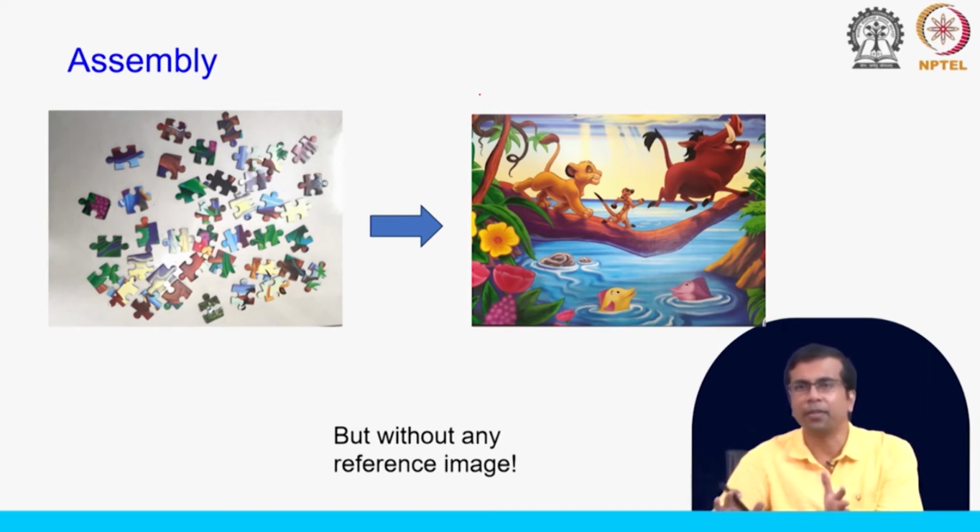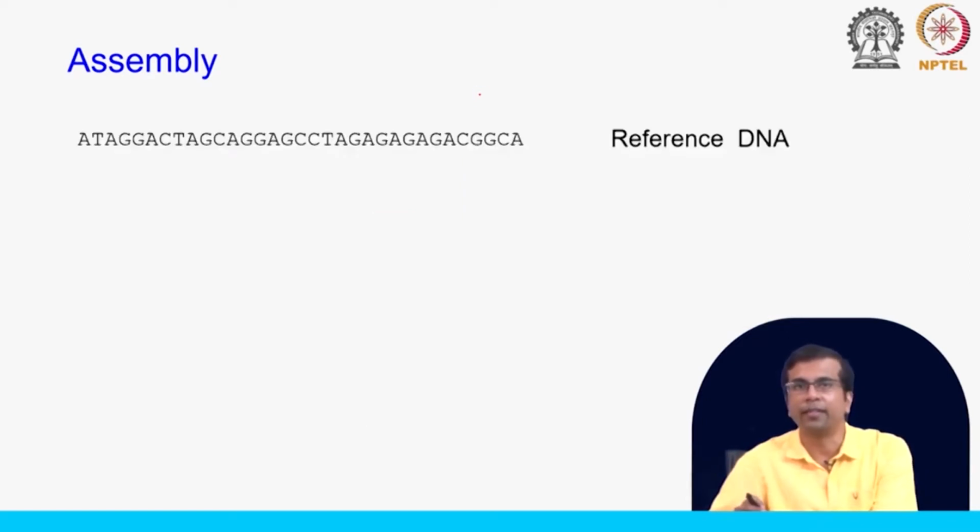We have some idea, maybe the number of chromosomes, etc., we can guess or know by other methods, but apart from that we will probably have no idea about the sequence of the genome. So, without looking at any picture or any reference, we have to put them together so that they make some sense. This is what the assembly problem is, and that is why it is incredibly challenging.